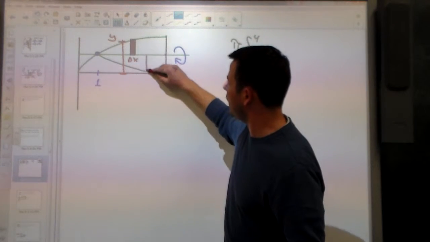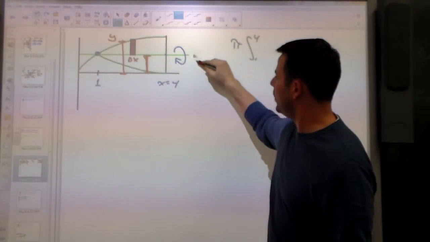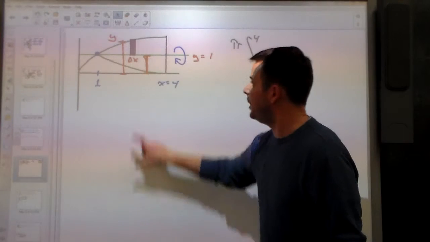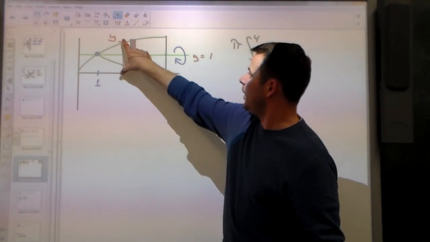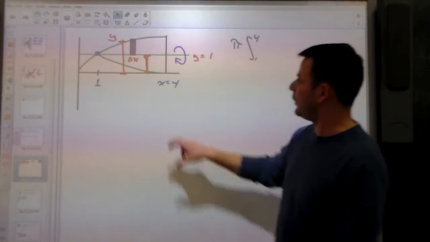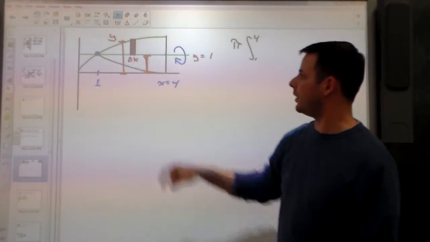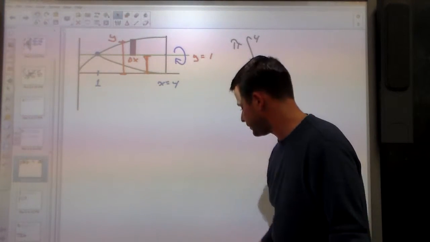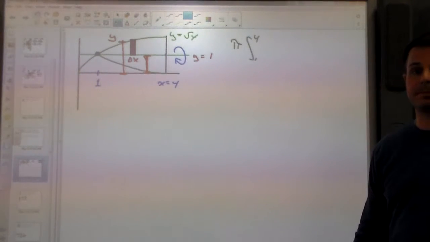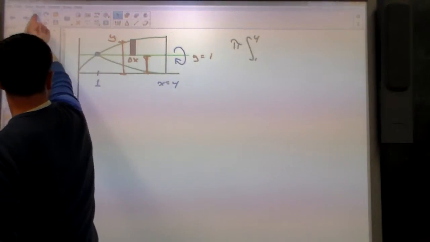This distance here I know is 1. So if I take a look at these two distances, their difference will be my representative rectangle. So it's simply going to be y, subtract that 1 from underneath. But what does y equal? Radical x.